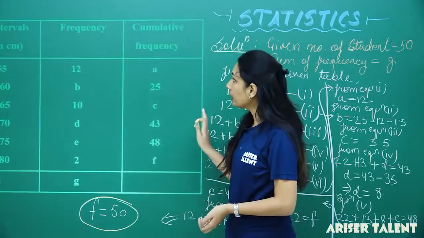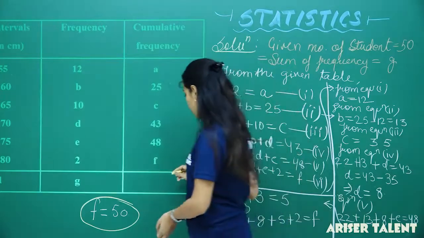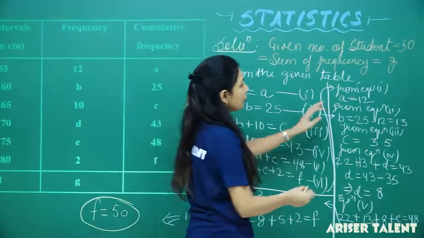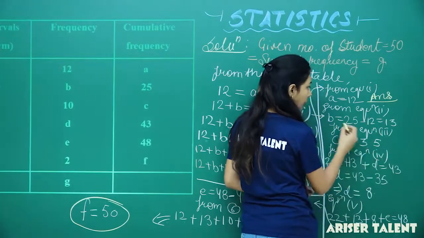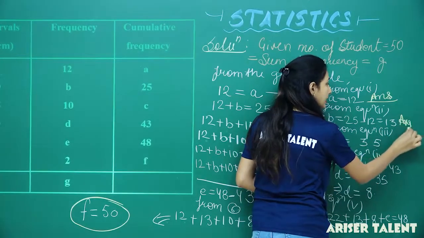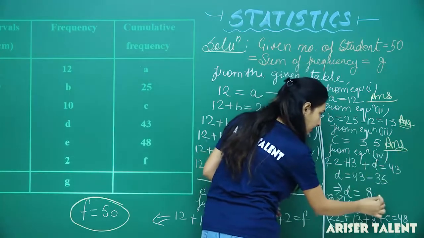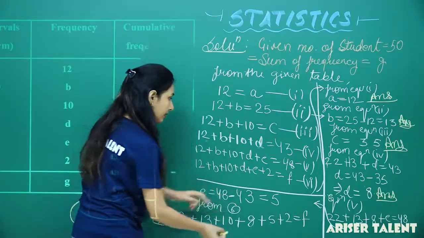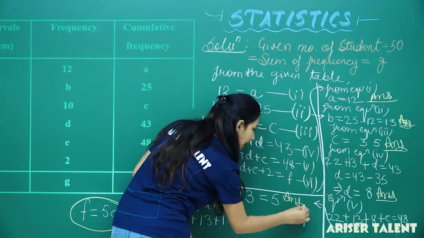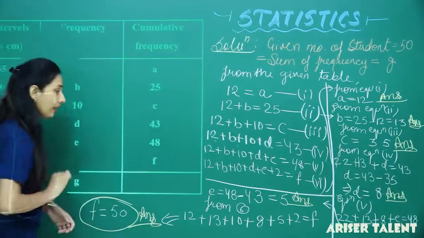Okay. So, now here you get the value of A, B, C, D, E, F and G. So, you can say that this was your answer here, and then you got the value of B as your answer here, then you got the value C, then the D, okay, then here E, and at the last you got the value of F also.